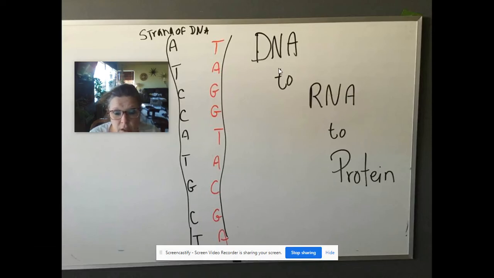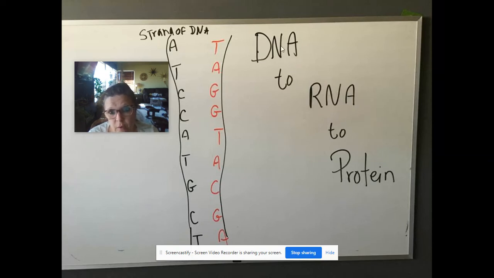Okay, so what we want to discuss is how DNA, being the template or the blueprint, is what we call transcribed to RNA, and how that is translated into a protein.